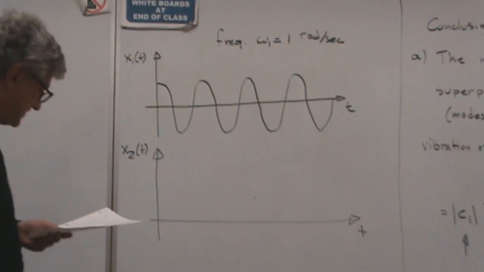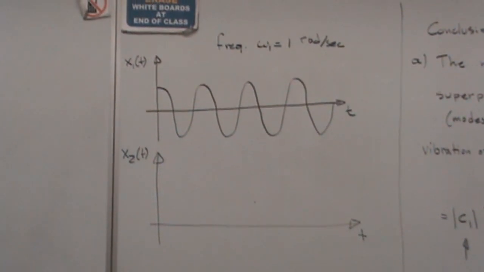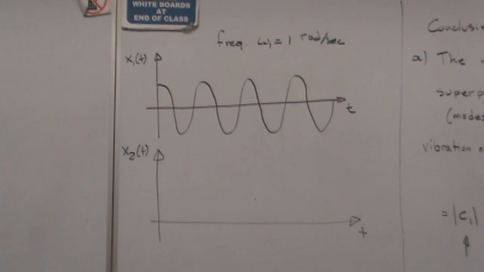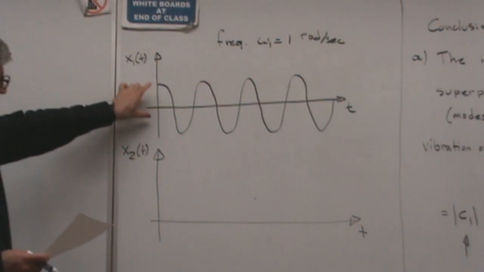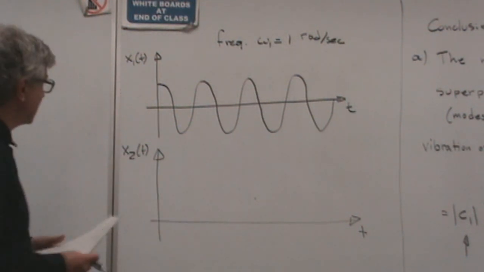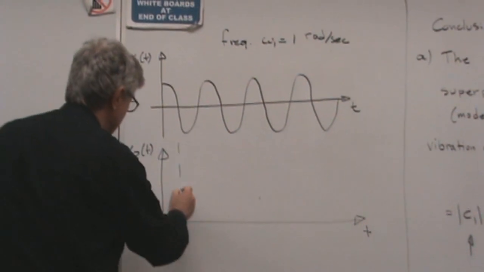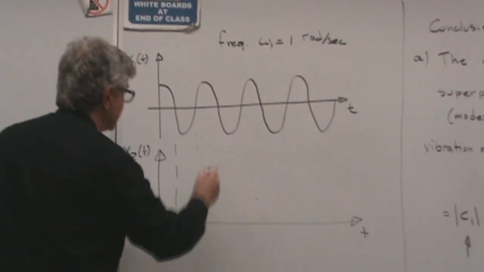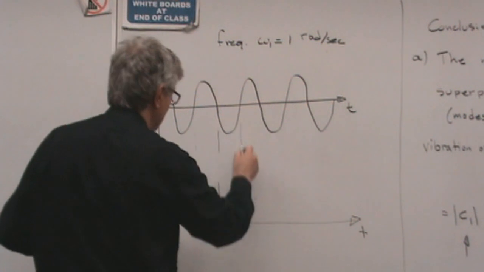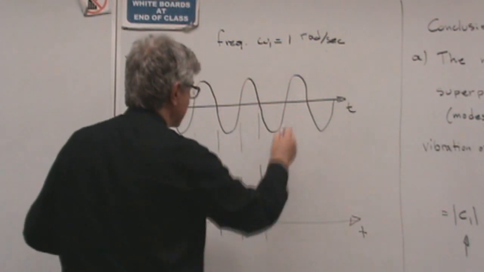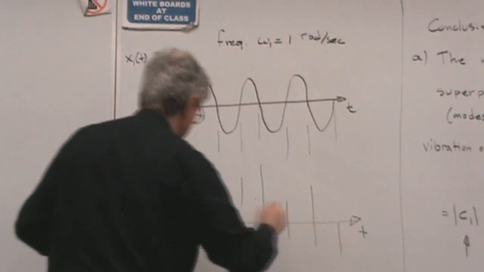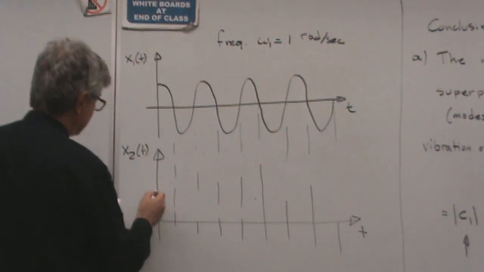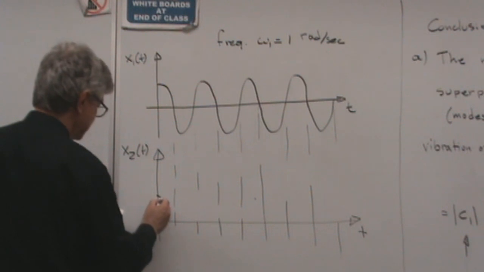And the second one, since the amplitudes are the same and the phase angles are both 0, is a copy of the motion of the first mass. So just to draw it, I will mark this point where we have a 0 displacement. So you have exactly the same displacement.